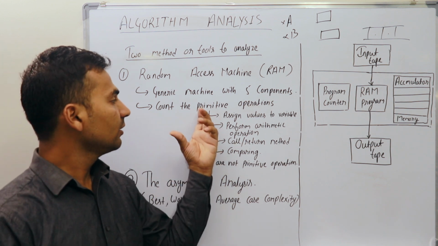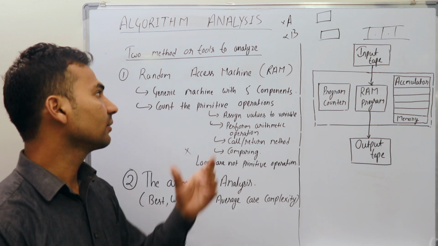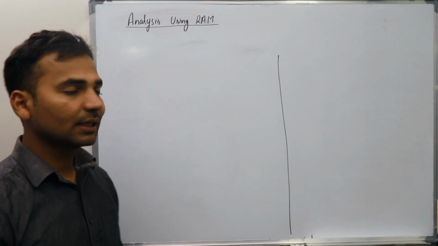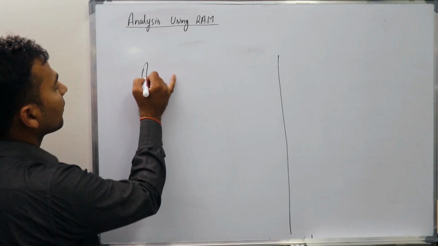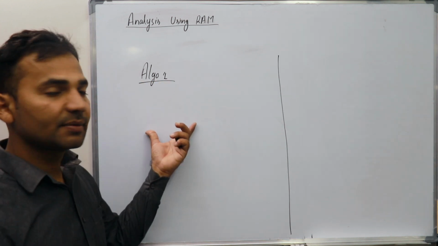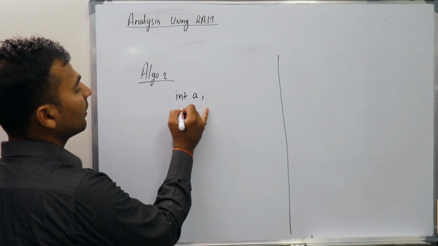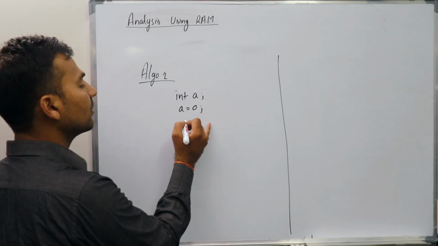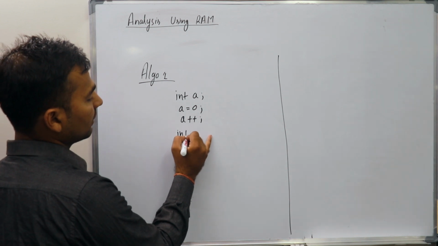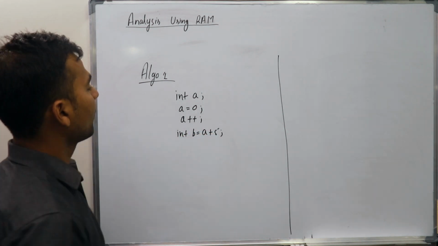So we'll take an example and find the running time of an algorithm using the random access machine. Let us take algorithm 1, which has some steps: integer a is equal to 0, a plus plus, and integer b is equal to a plus 5.